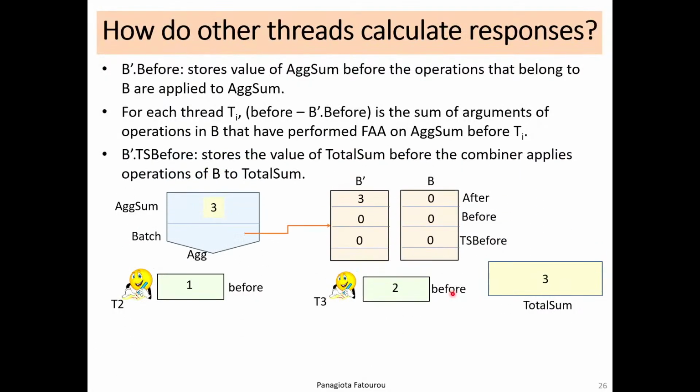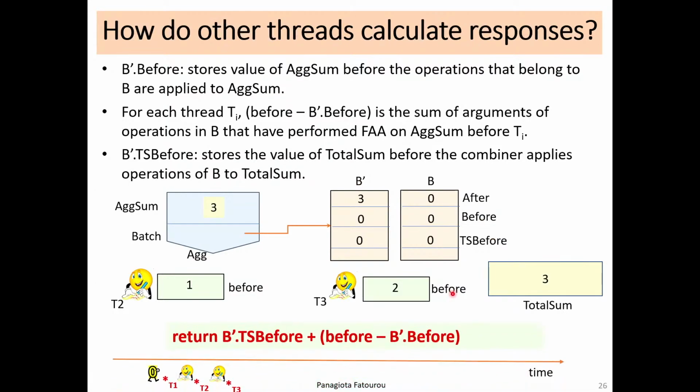And it also stores a field T as before, and the B prime T as before stores the value of the total sum before the combiner applies any of the operations that belong to B to total sum, and therefore these threads should return B prime T as before, which is the value in total sum before I start applying any of the operations of the batch B, plus this partial sum of operations that precede me in the linearization, right?